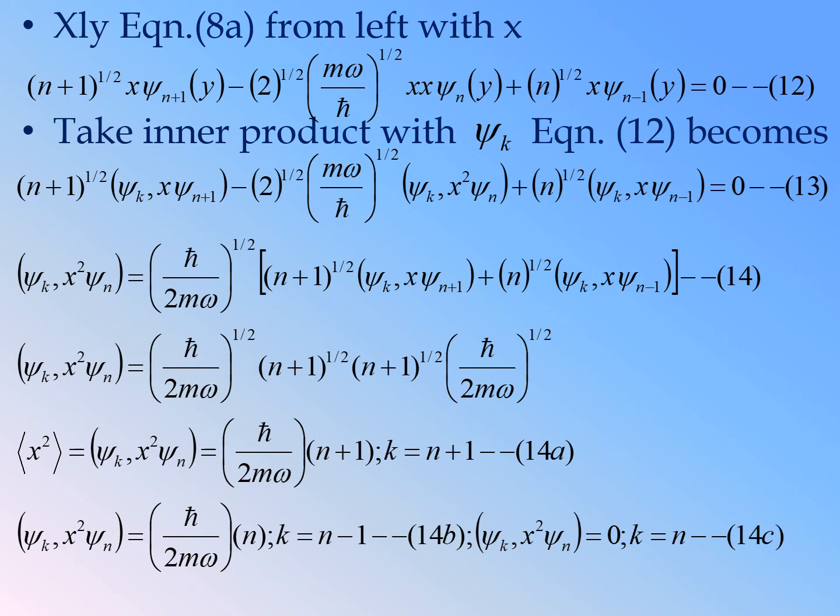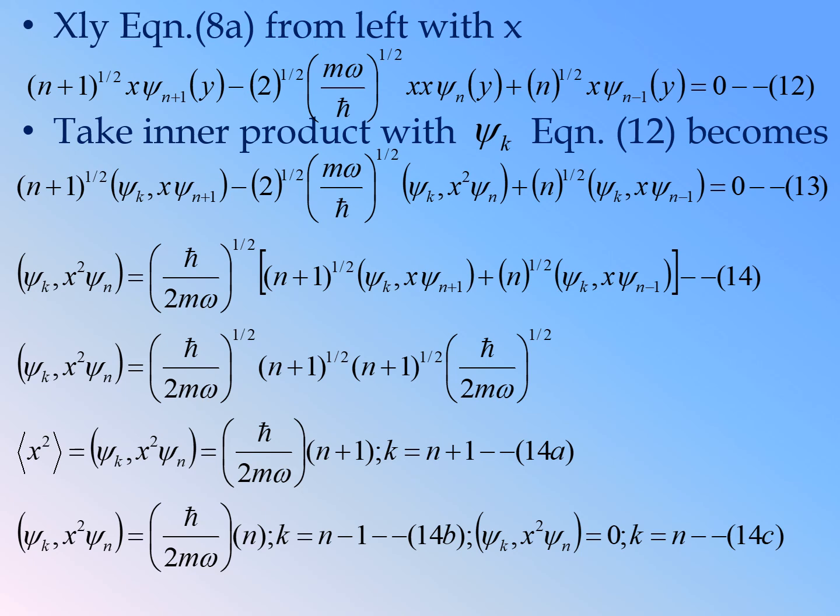So already in the previous slide you have proved, for k is equal to n plus 1 and k is equal to n minus 1, the value of the inner product of psi k comma x psi n plus 1 and n. So in that case if you substitute k is equal to n plus 1, the inner product of psi k comma x psi n plus 1 becomes square root of n plus 1 into (h cross divided by 2m omega) whole power half.